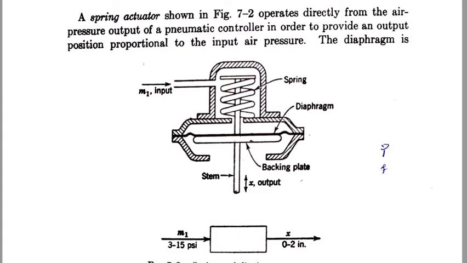Okay, so when we draw the transfer function of this particular thing, this is a block. Let us take this as the block of a spring actuator. For this spring actuator, we are going to supply M1 as 3 to 15 psi, and the output we are going to get is a displacement, 0 to 2 inches.